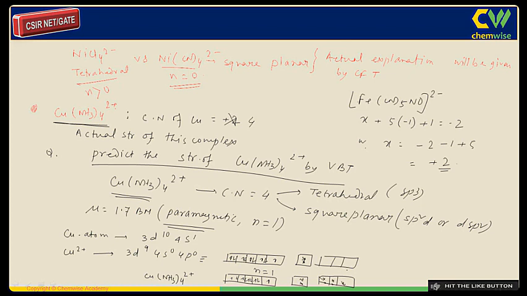So now the hybridization is sp3 hybridization, right? That is tetrahedral. That means tetrahedral with n equal to 1. So now it is clear that it is a tetrahedral geometry with n equal to 1. So it is okay, no problem.